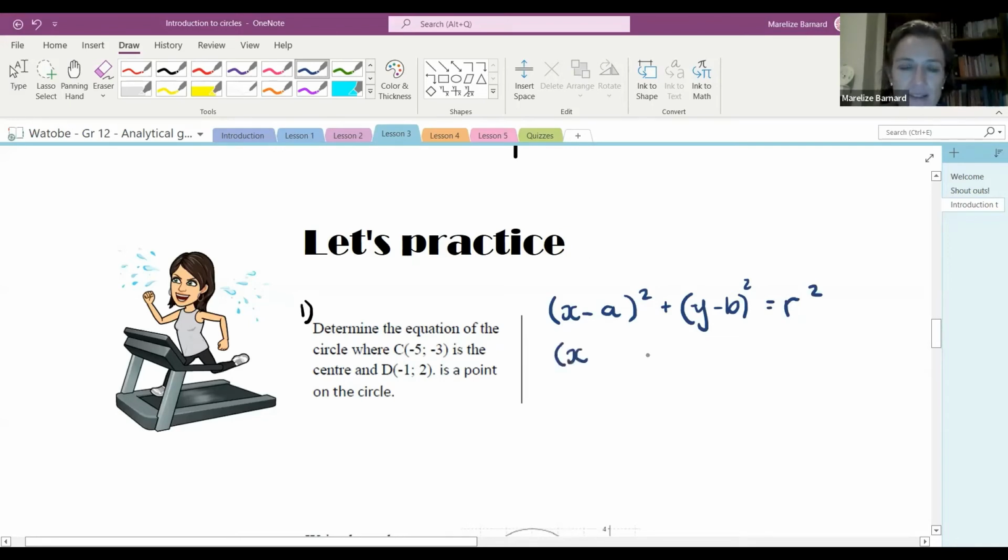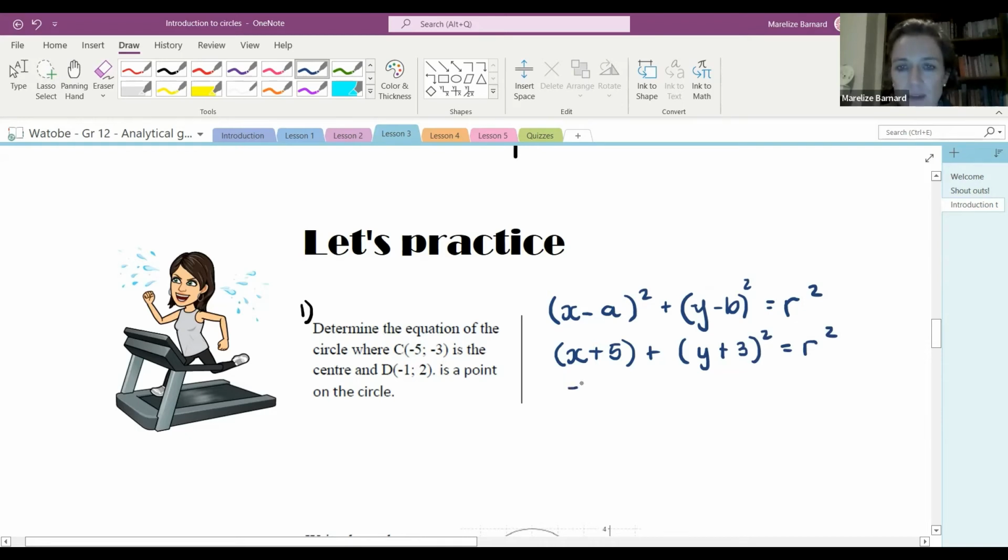Okay, so the center is going to give (x + 5) and (y + 3). Great stuff. And then that gives you r squared. So we still have r squared left to solve for, and for that, we're going to sub in our other point, (-1, 2).